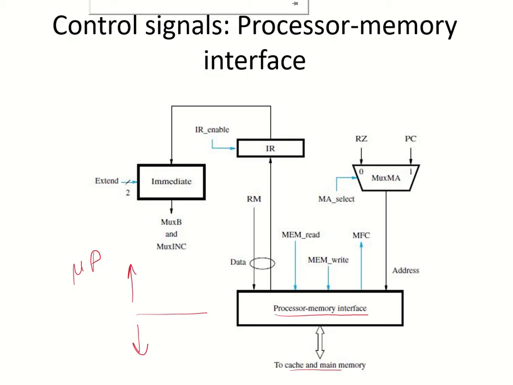Anytime a memory access is required, the address has to be sent on to the address bus. This address is coming from a multiplexer which is choosing the memory address.